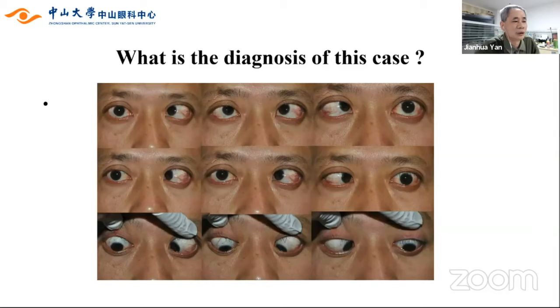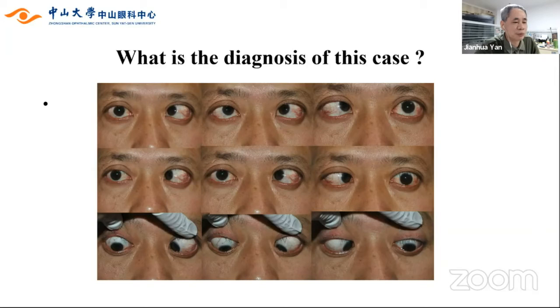Yeah, what's the diagnosis of this case? He's a middle-aged male, and he had left esotropia for about 3 years, and cannot move the left eye outward. Look at the picture.